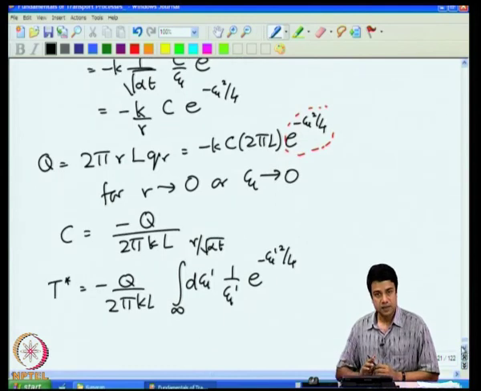So, this is basically the temperature field around a line source. Okay. The wire can be considered as a line source. It is of infinitesimal thickness, radius of the wire is going to 0. Even though the radius is going to 0, the heat coming out per unit time is fixed. Okay.